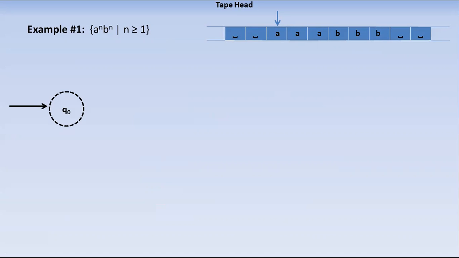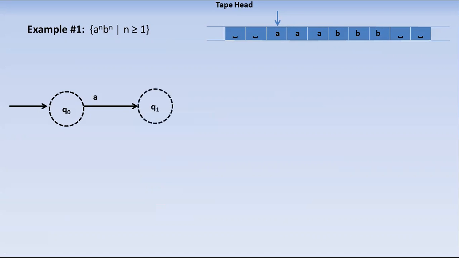So now let us start the game. Let us change the state. And here why we are changing the state is to make sure that we have read the minimum string and are going forward. So now let us see how the transition is on state Q0.